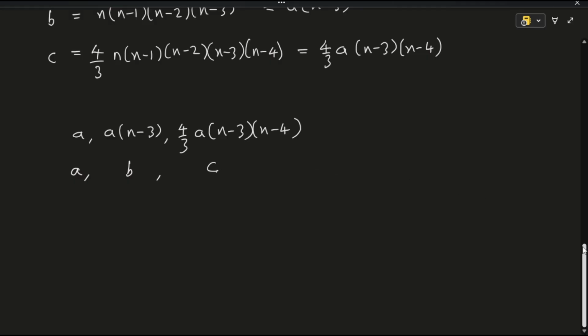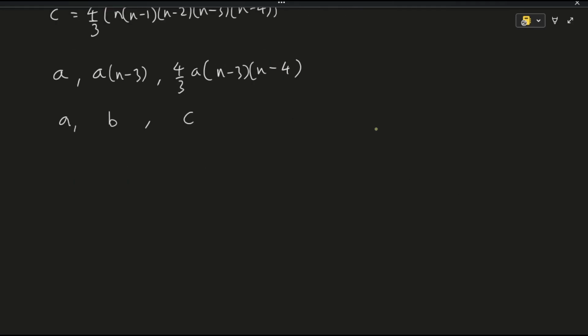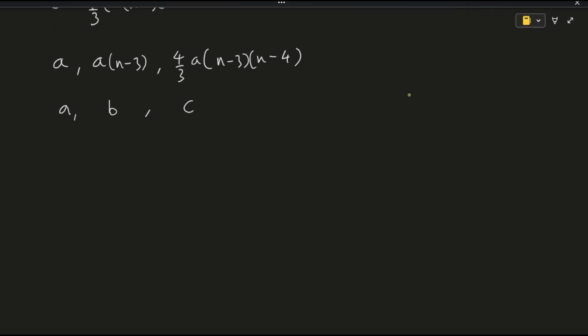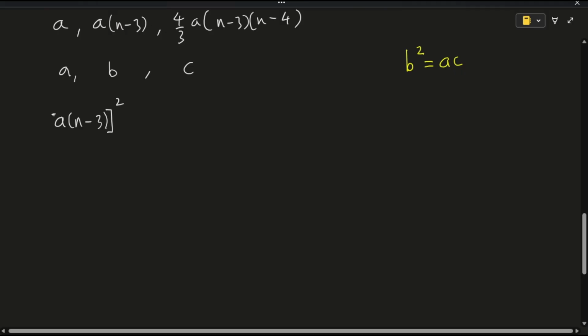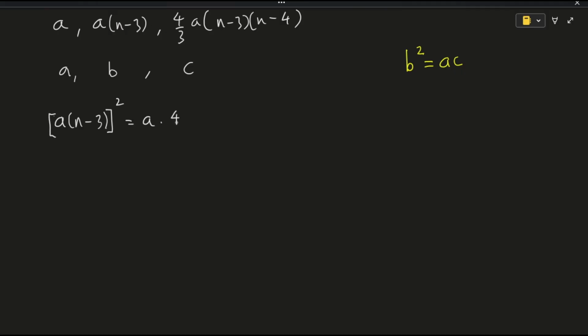So this is our first term A, this is our second term B, and this is our third term C. With geometric sequence, if we have three consecutive terms A, B, and C, then B squared is equal to AC. So we can say that A into brackets n minus 3 squared is equal to A times 4 over 3 A into brackets n minus 3, n minus 4.